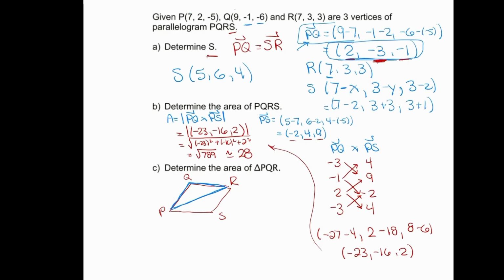Well, what do I know about the area of that triangle? Well, it's half of the area of the parallelogram. So the area of half of this will be my root 789 simply divided by 2, which gives me an approximate value for the area of 14. And that makes sense. Half of 28 is 14.